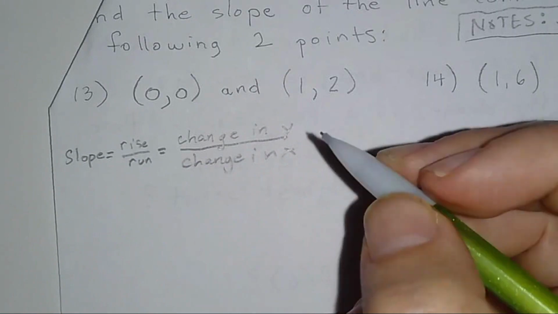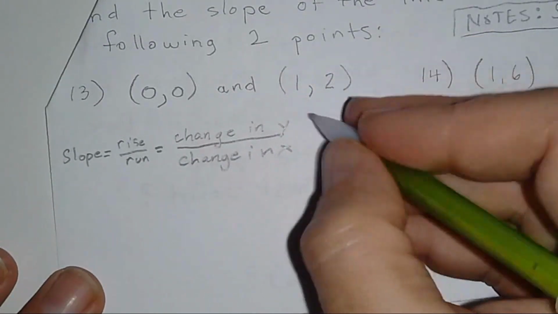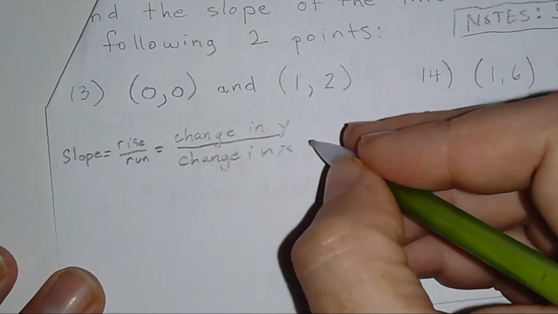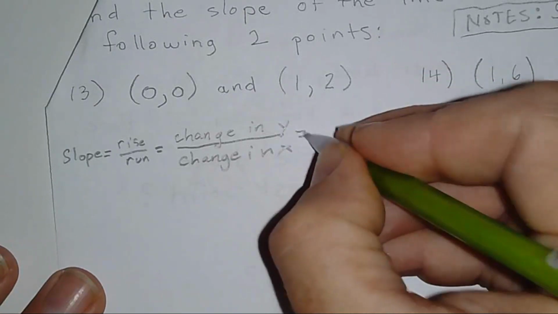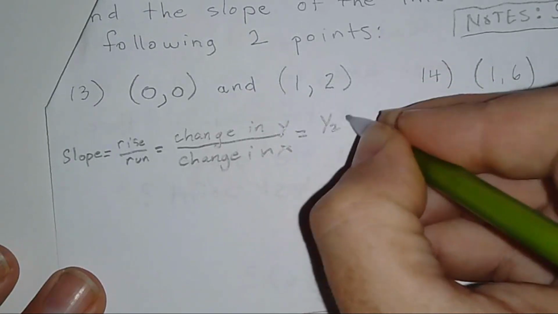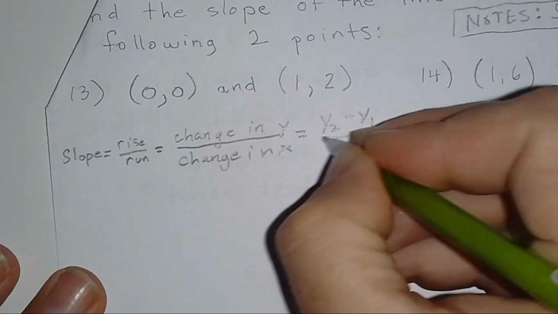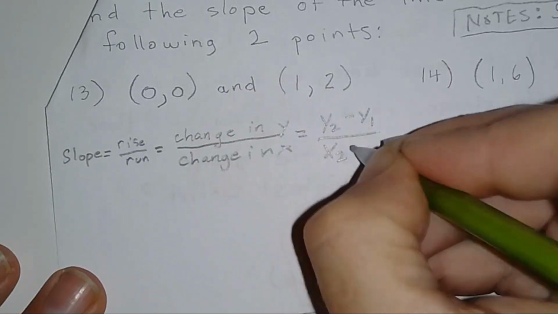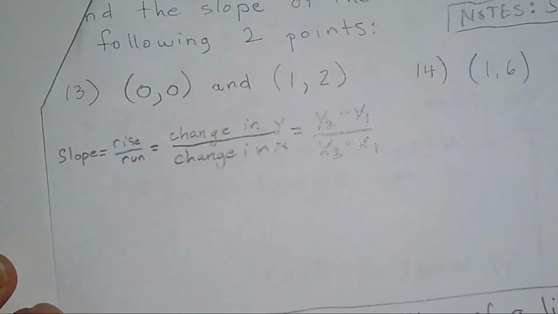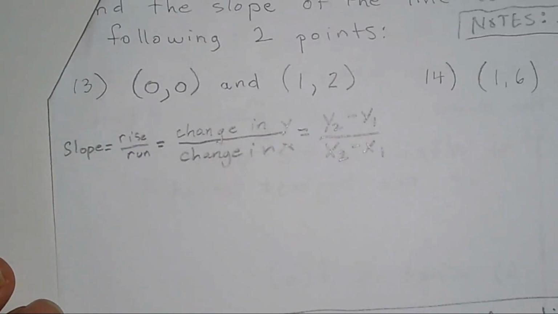And we have a formula that basically talks about this, which says y2 minus y1 over x2 minus x1. And that is a formula we use for slope.